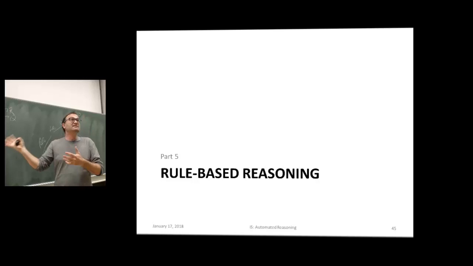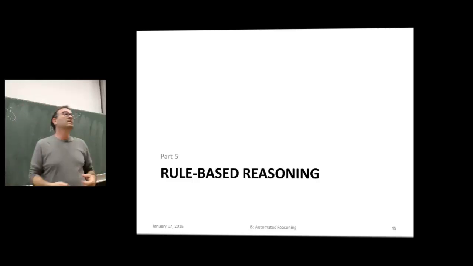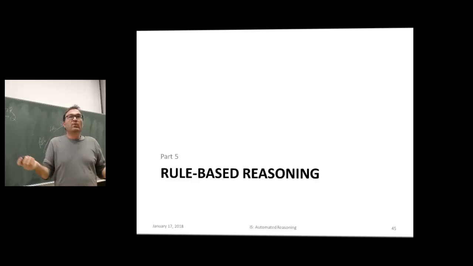Basically that means that this way of looking at reasoning as model checking, model counting and model evaluation simply doesn't work, because we might deal with infinite models. So we need something else.